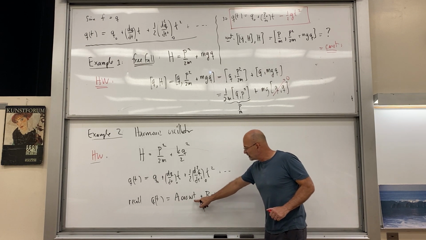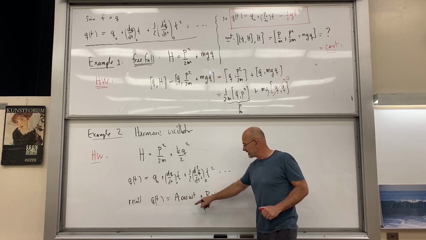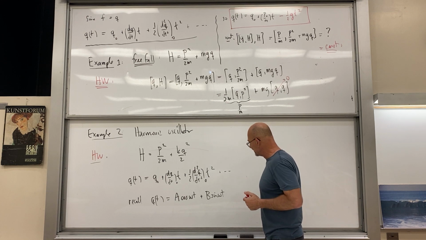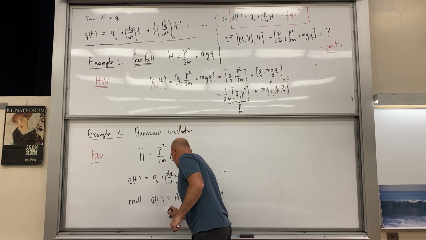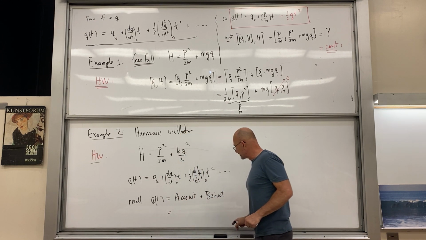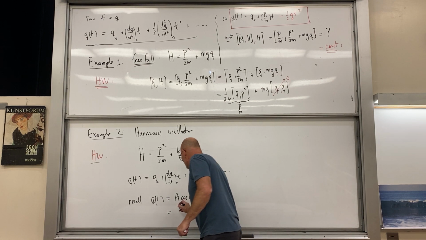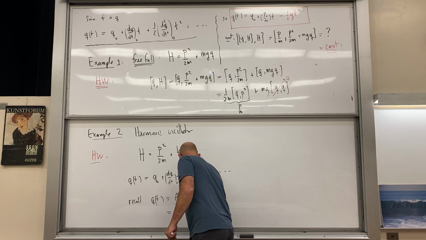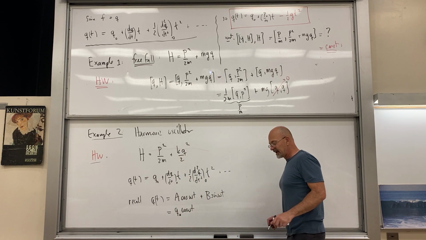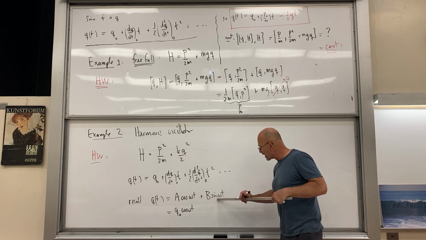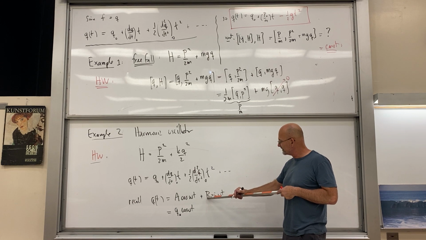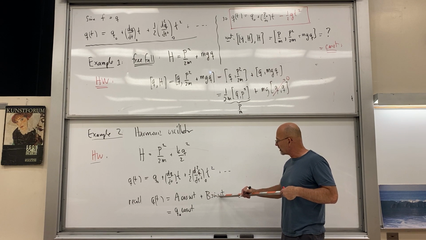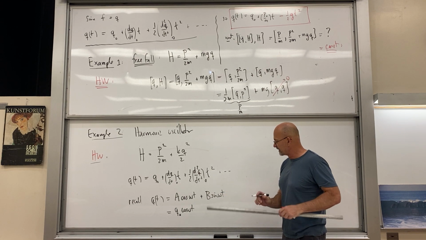And these are two infinite series. And in fact, in this form, because when t is equal to 0, you just have A, this is Q naught cos omega t. And when you take a time derivative, you get omega times B cos omega t. Okay.